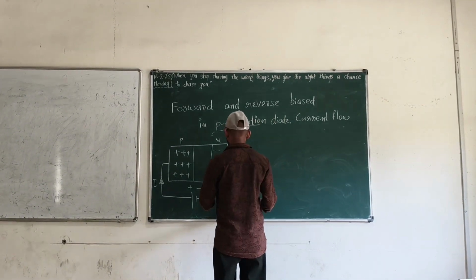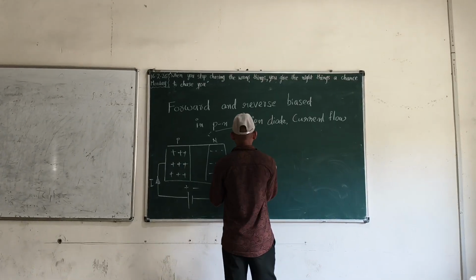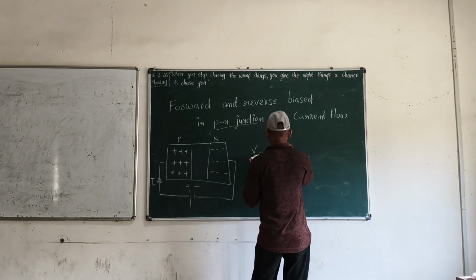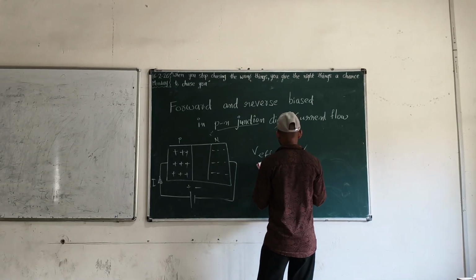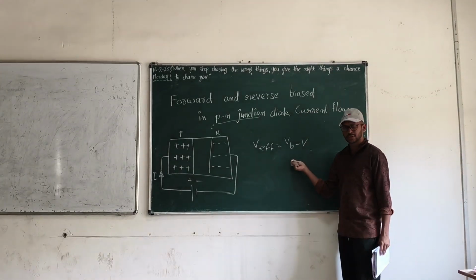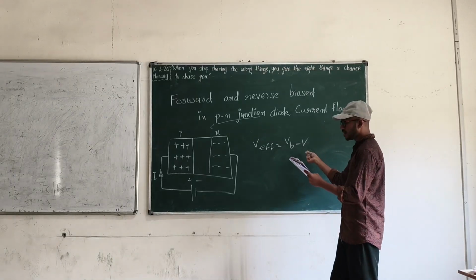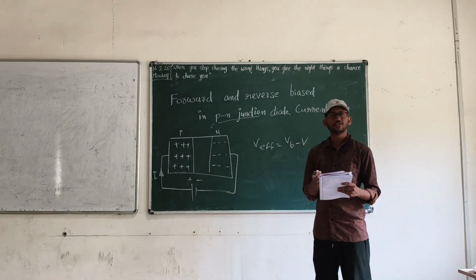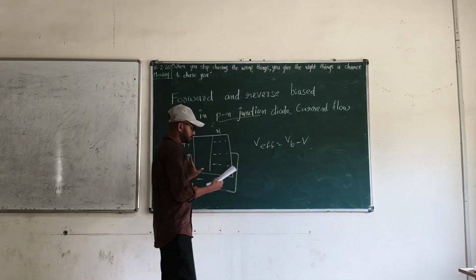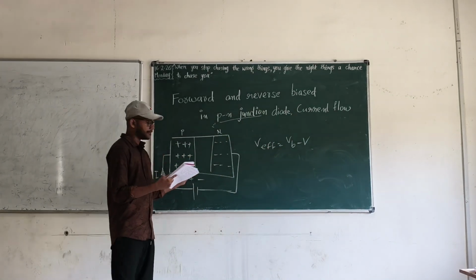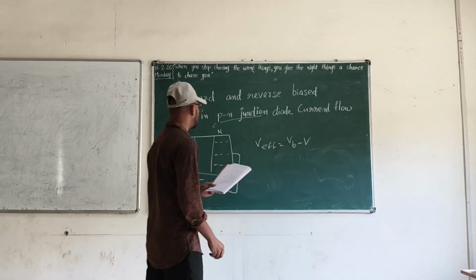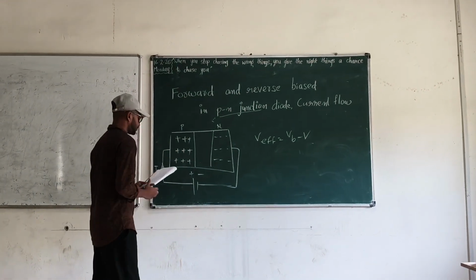Mathematically, this can be expressed as effective barrier potential equals V_B minus V, where V_B is the built-in potential and V is the applied forward bias voltage. And this reduction in barrier potential allows charge carriers to cross the junction easily.